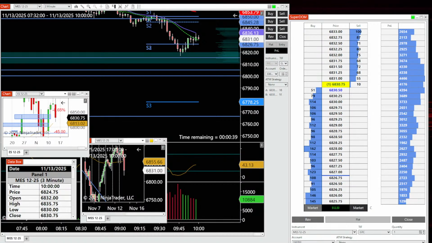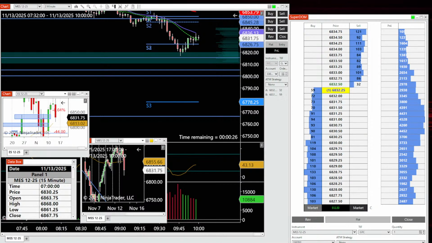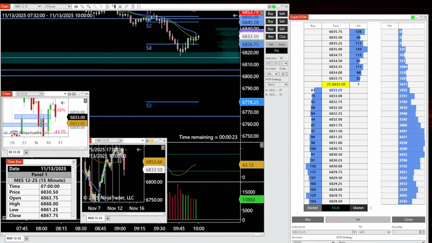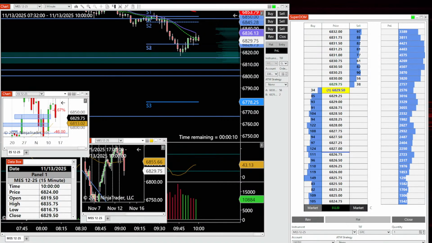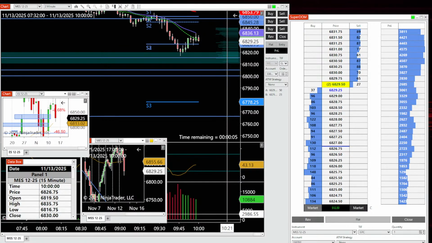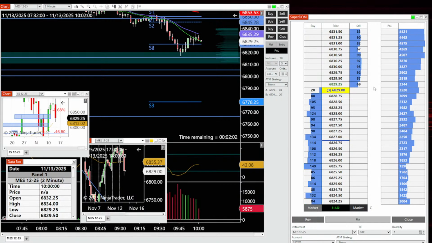Next 15-minute bar opens up in about 30 seconds. Point of control is 30, 30, 50. I don't know if we can hold the 30.